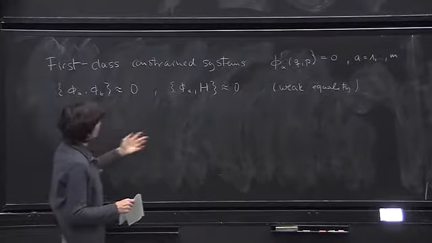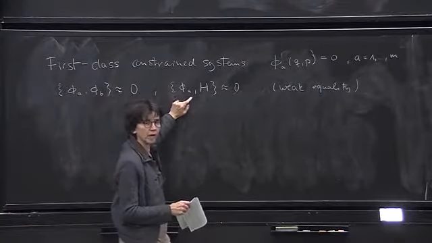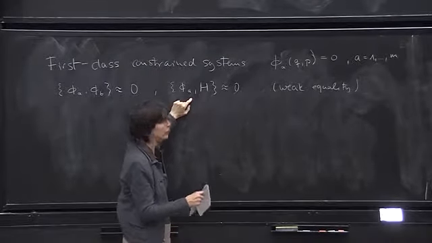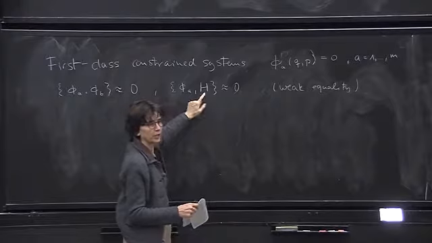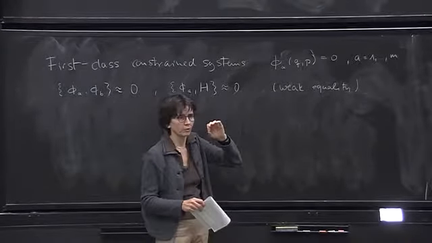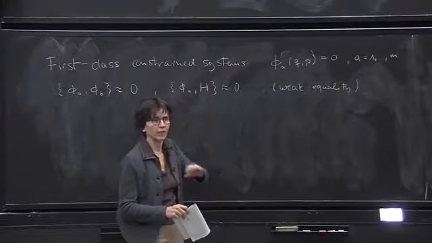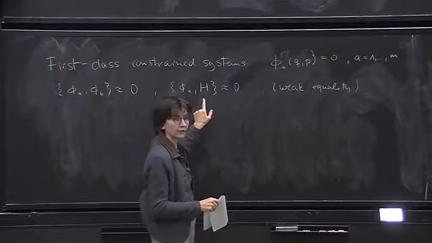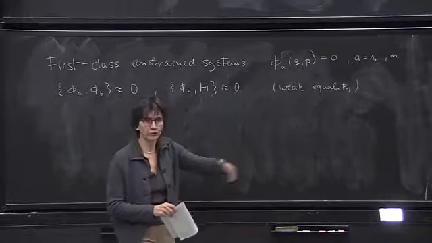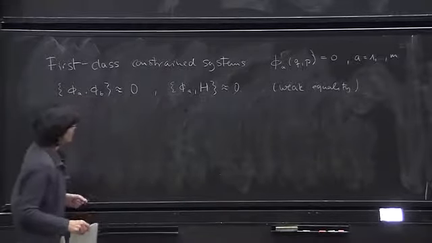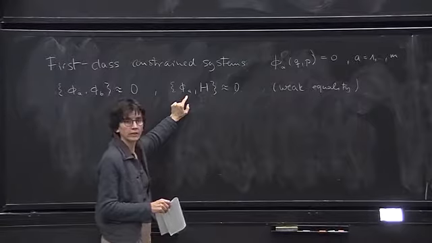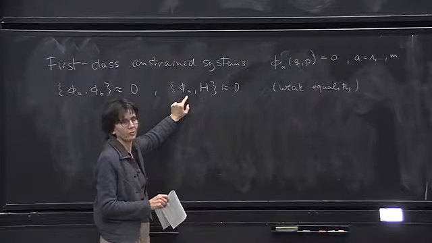So the interpretation of this was that if I look at the flow induced by the Hamiltonian, and it starts on the constrained surface, it will remain in the constrained surface. So the integral lines of H stay totally within that surface.